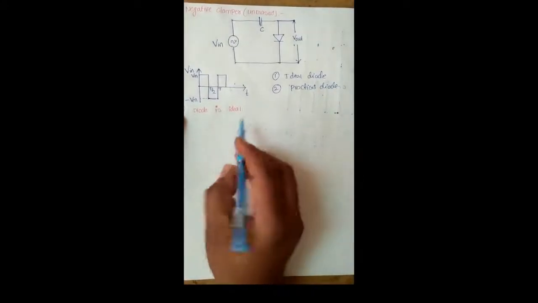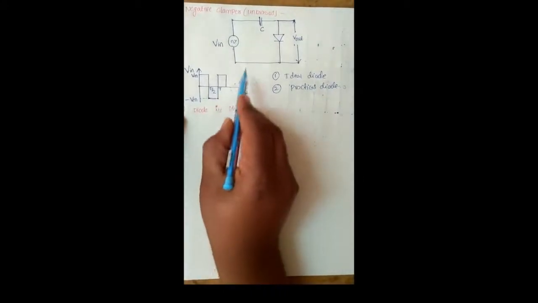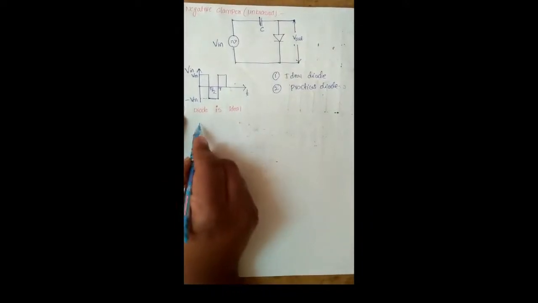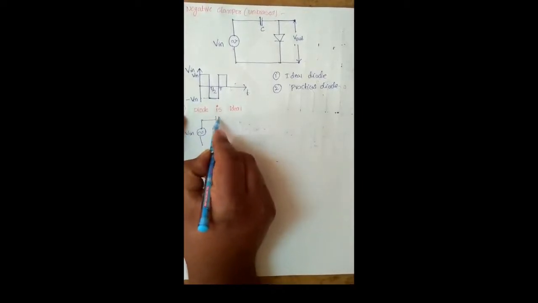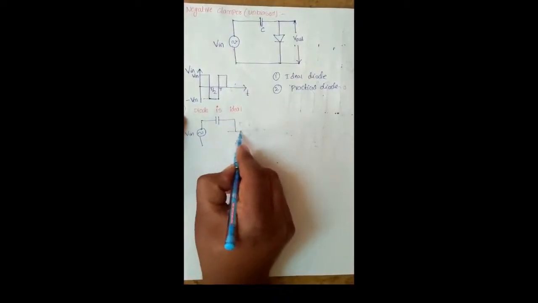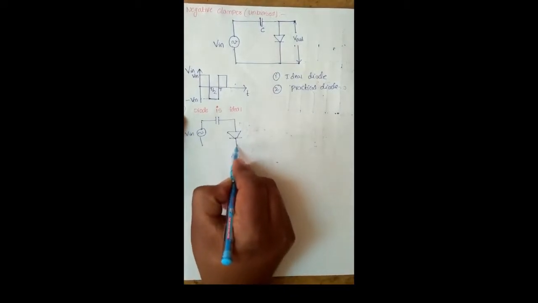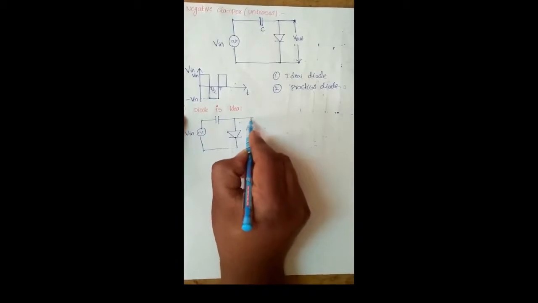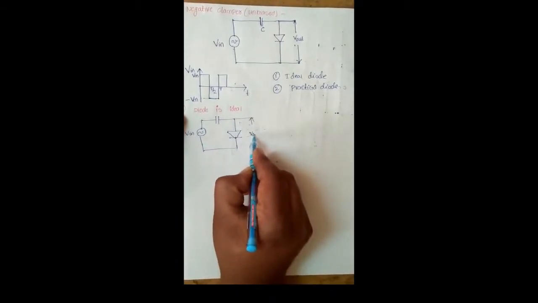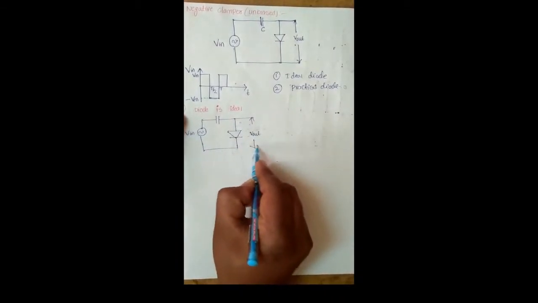First we assume the diode is ideal. Okay, and again we redraw the circuit. This is the capacitor, here we connect the ideal diode, and here we take the output.